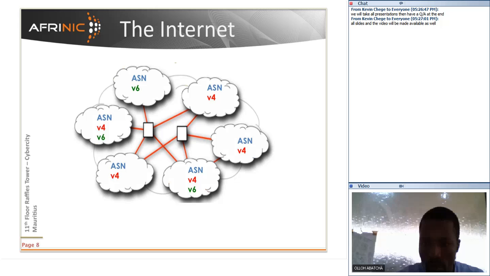And some of them are on IPv6 only now because they cannot get more IPv4 resources for their needs. Their network is growing to an extent that IPv4 cannot serve anymore. So it's clear that IPv4 and IPv6 will coexist for a long time on the internet. It's not like IPv4 is going away anytime soon. IPv4 will be there and IPv6 will be there.